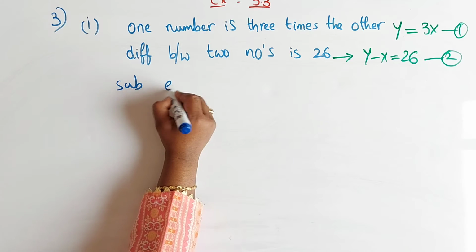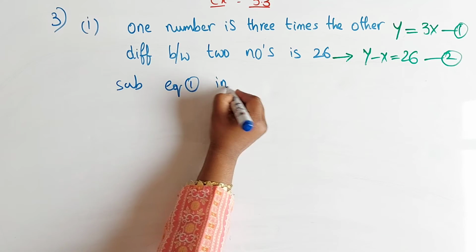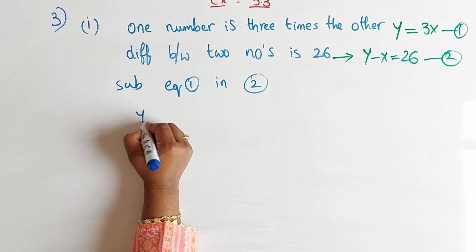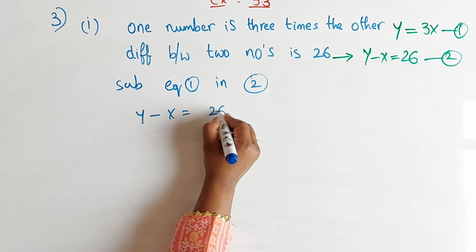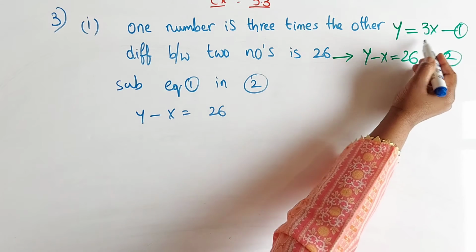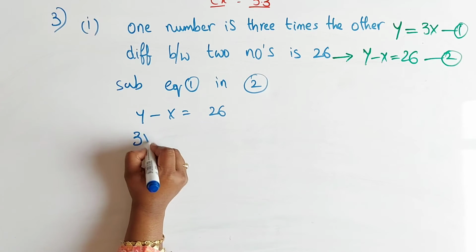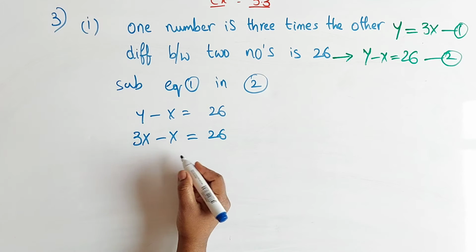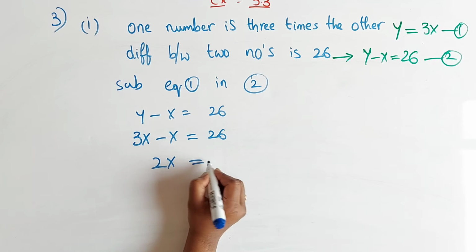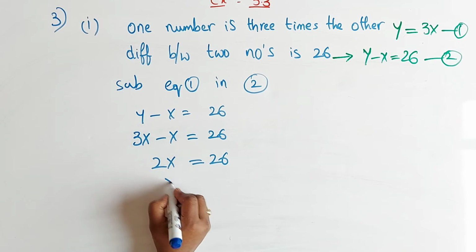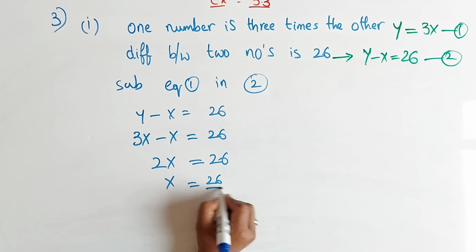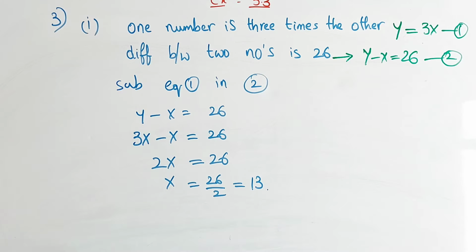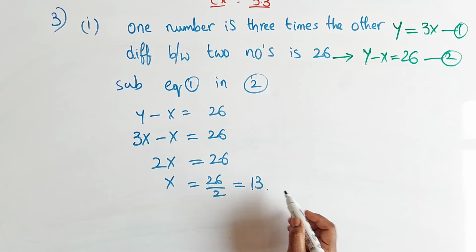Substitute equation 1 in 2. Correct, children? So y minus x equal to 26, that is the second equation. We know the y value, that is 3x. 3x minus x equal to 26. 3x minus x is 2x equal to 26. From here x equal to 26 by 2, children, that is 13. Now we know the x value.